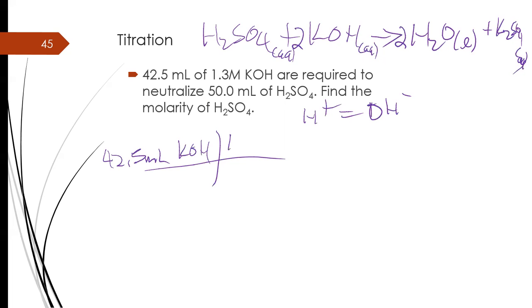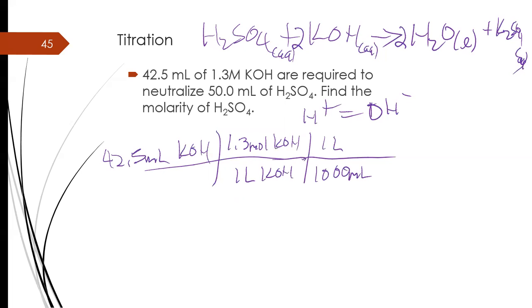We know that 1.3 moles of KOH is inside 1 liter of KOH solution. We know that there's 1 liter in 1,000 milliliters. And we know that 1 mole of hydroxide is 1 mole of KOH. So this has removed our milliliters, removed our liters, and changed our moles of KOH into our moles of hydroxide.